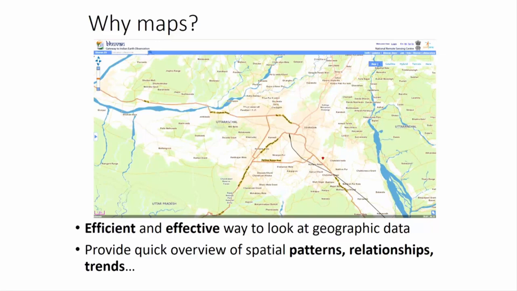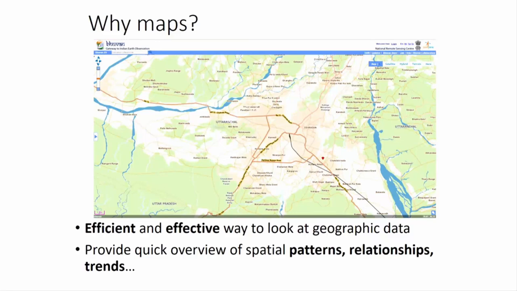For example, we said that the city center is going to be the intersection of roads coming from outside. Those kinds of information or patterns may exist, and they can be understood if we properly represent the geographical data sets.